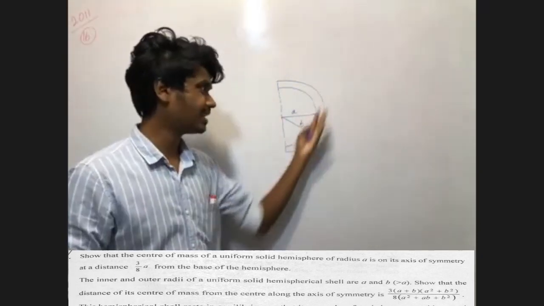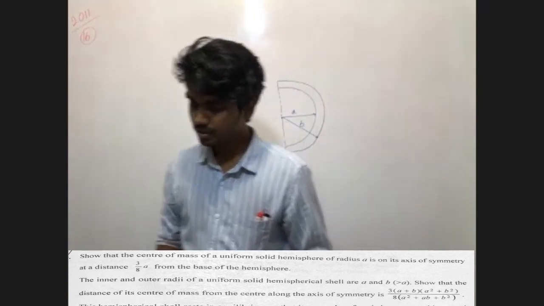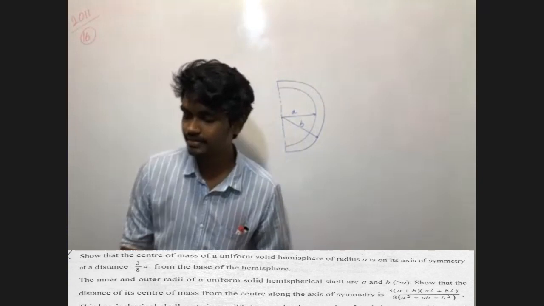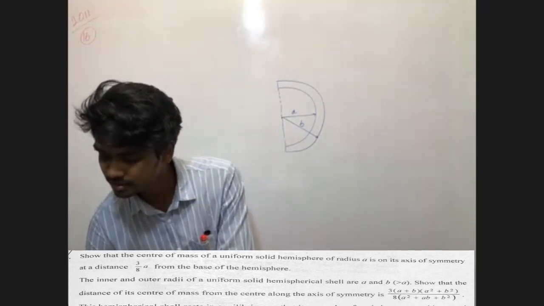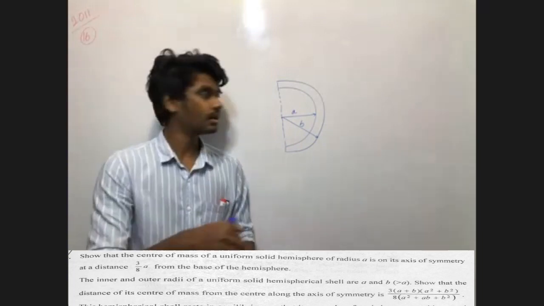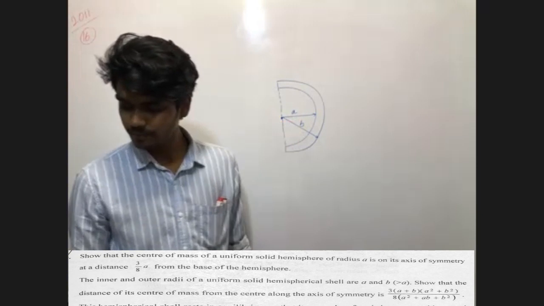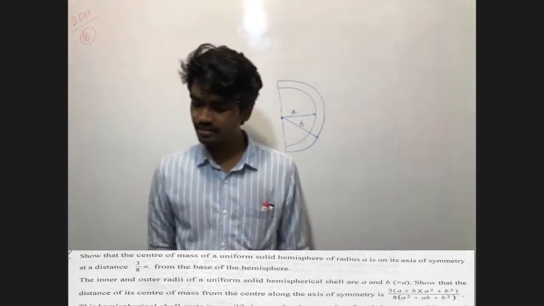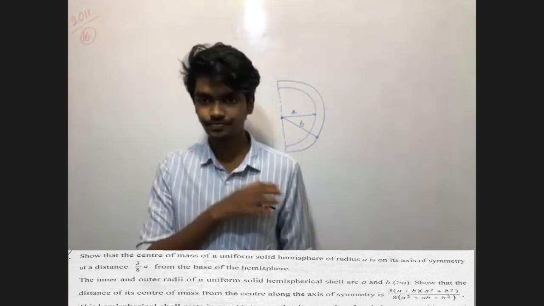I have taken only the cross section. And they are saying show that the distance of the center of mass from the center along the x-axis of symmetry is this. Yes, that will be the question.